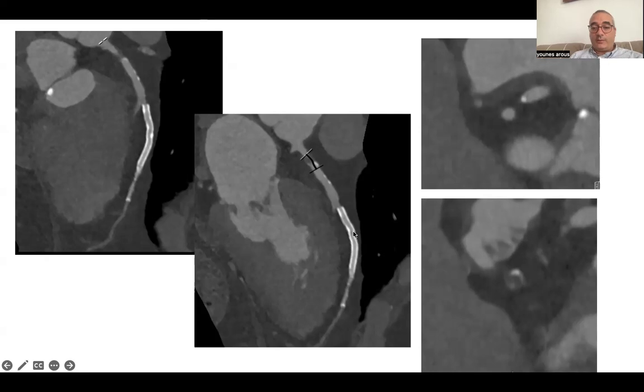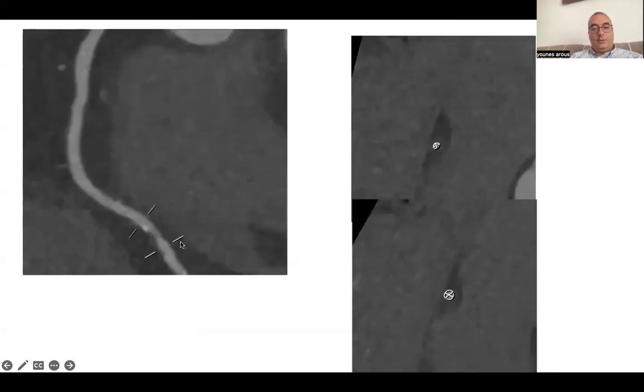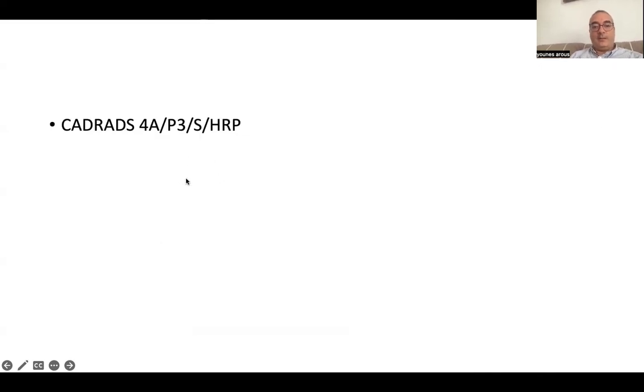We can also see here the stent of the distal left anterior descending artery, which is normal. There is also a hypodense plaque in the third segment of the right coronary artery, which is responsible for a moderate stenosis. So this patient was classified 4A, P3, S for the stent, and high-risk plaque.